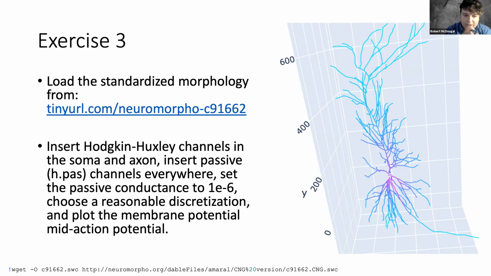I'll give a brief introduction to Neuron from a slightly different perspective, then we'll talk about some of the chemical stuff a little bit more, and then move on to NetPyNE, which is a high-level specification of networks that might be of interest to you as well. That's Saturday. You can see it on the CNS website.